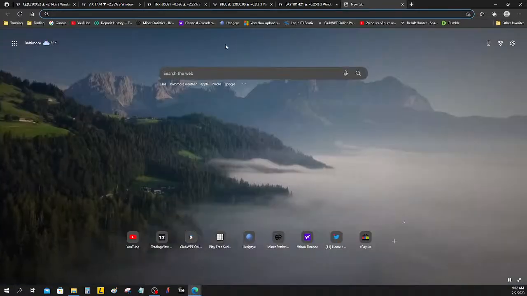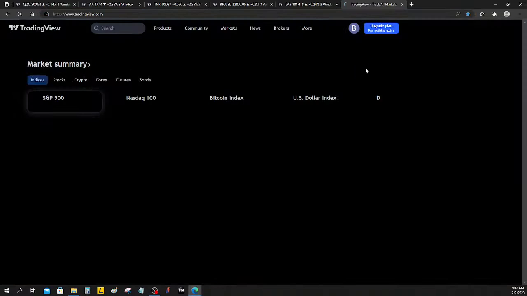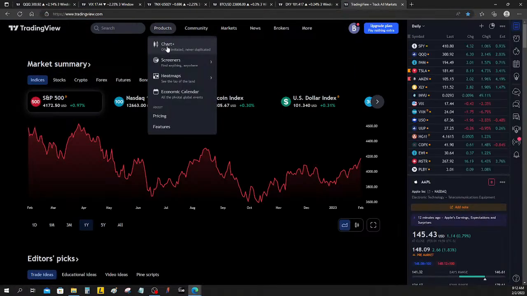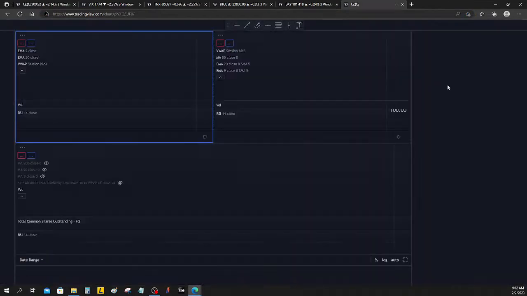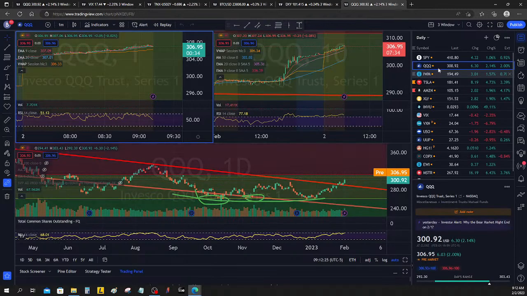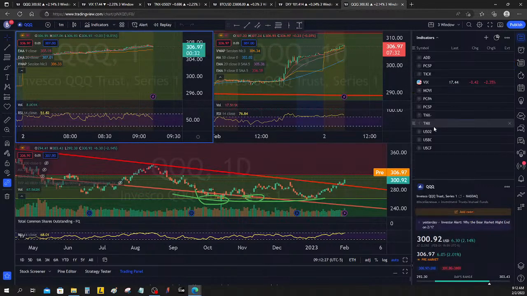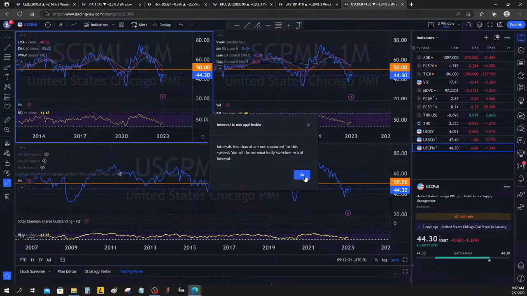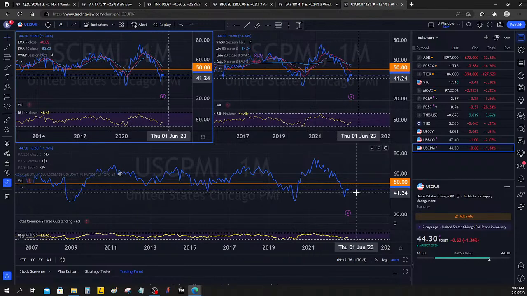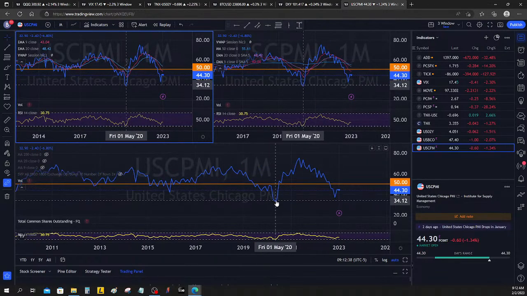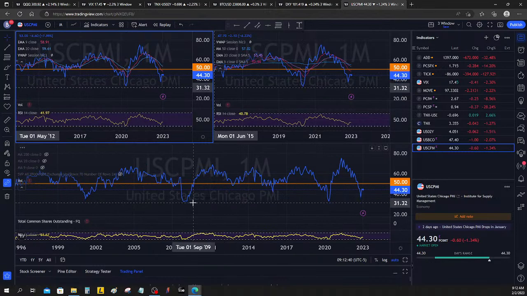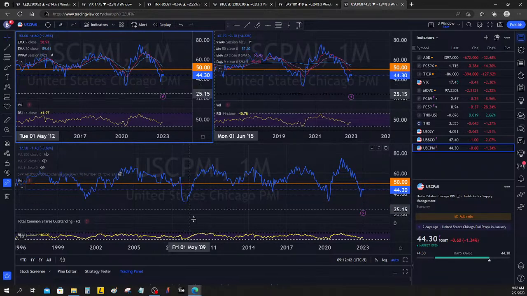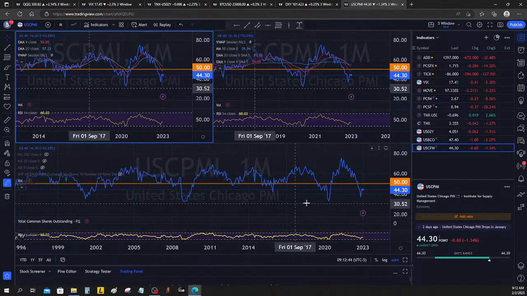Let me get to a couple of other indicators here. I'm opening up a new window because if I do it on the other window, it just kind of messes everything up. So let me go over here to indicators. And we have this PMI here that dropped down to, this is 2020, here's 2008, that was down at roughly 32.